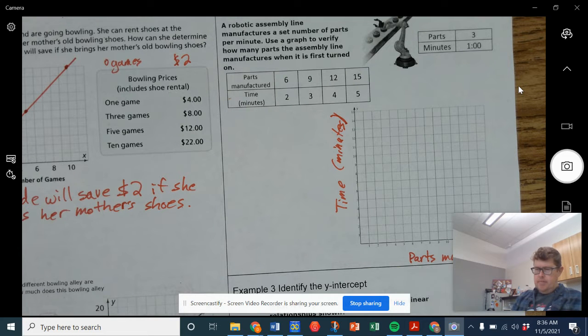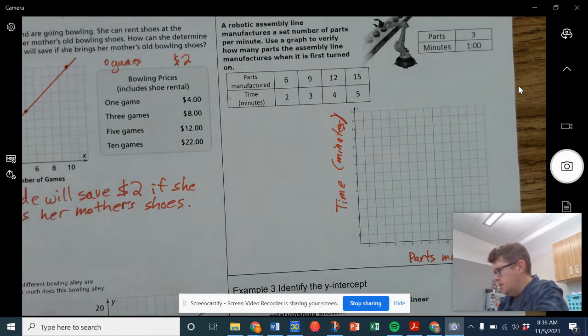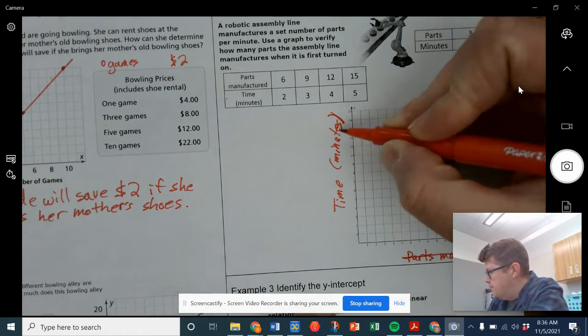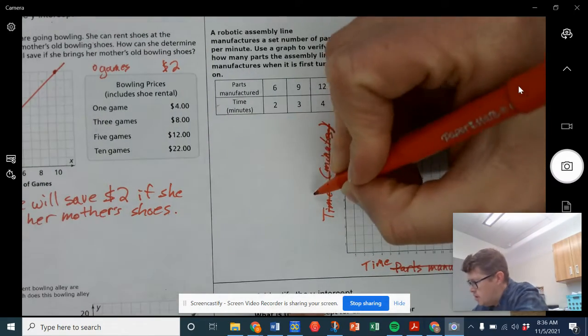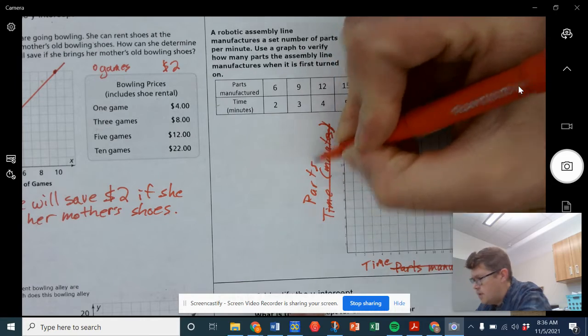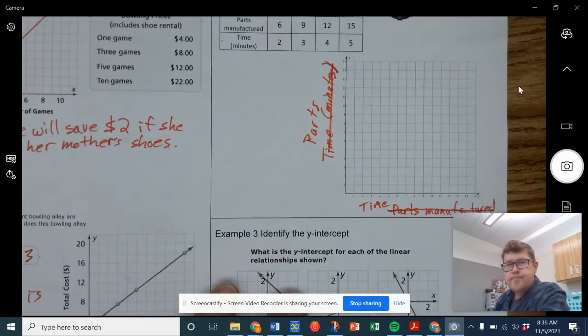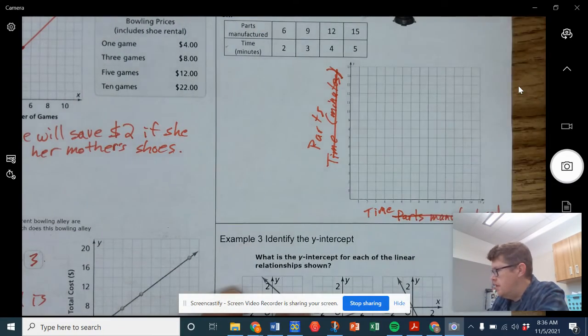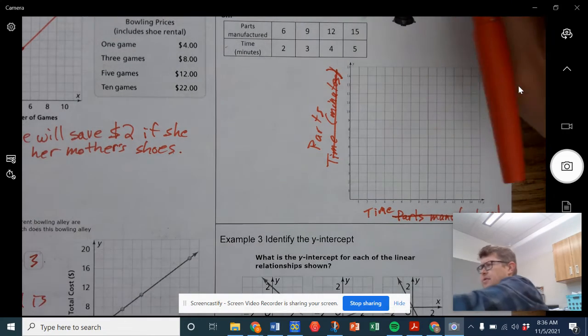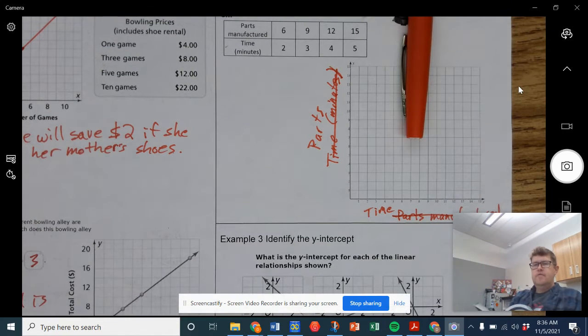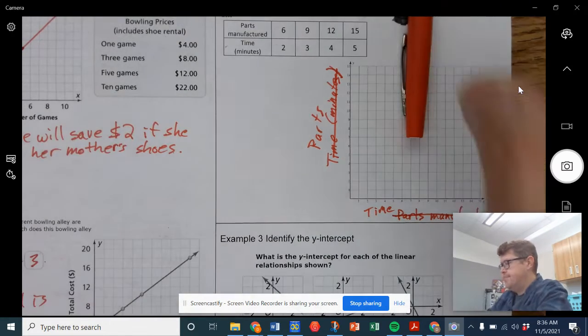Oh yeah, they did time on the X and parts manufactured on the Y. Blech, that sucks. Okay, so sorry guys. I'm going to do time in minutes and then parts on the Y. Sorry. And I actually should have reversed these here. So that's weird. They did not set up this graph very well. Oh well, it doesn't matter.